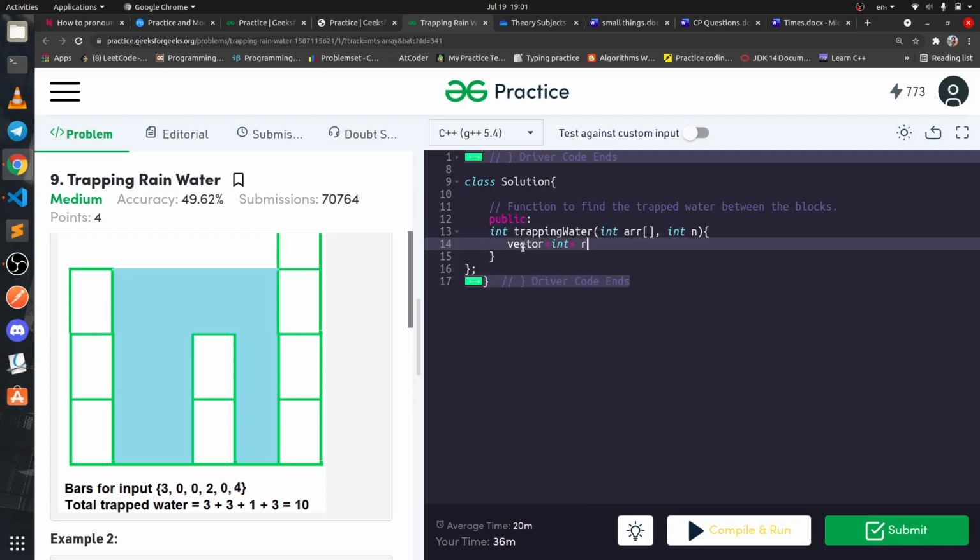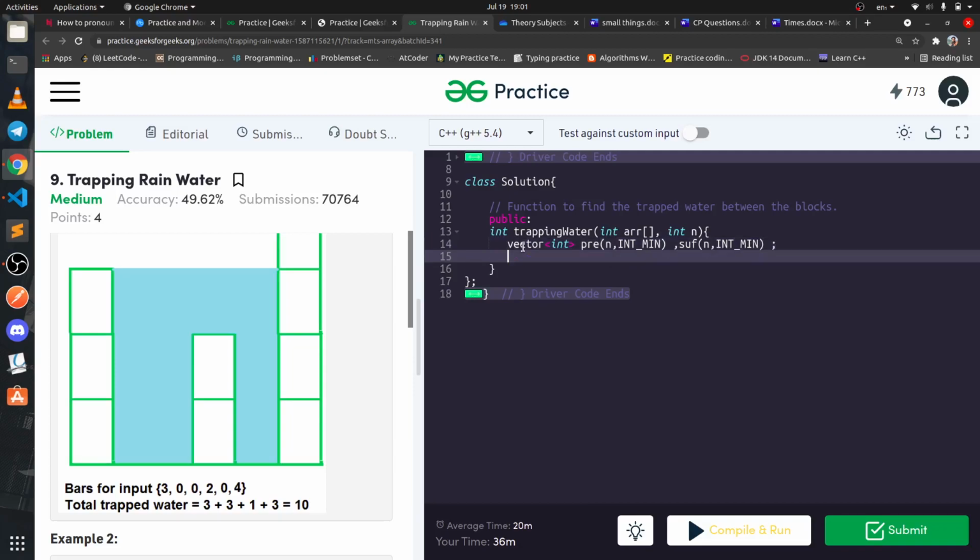One is pref, which will store the prefix max, and we will initialize values with INT_MIN, and also suff, which will store the maximum elements on the right.